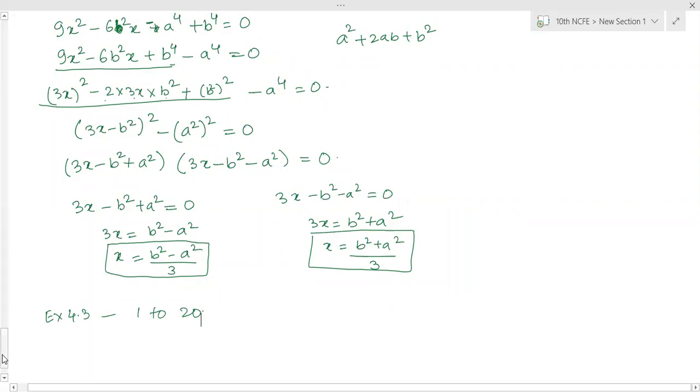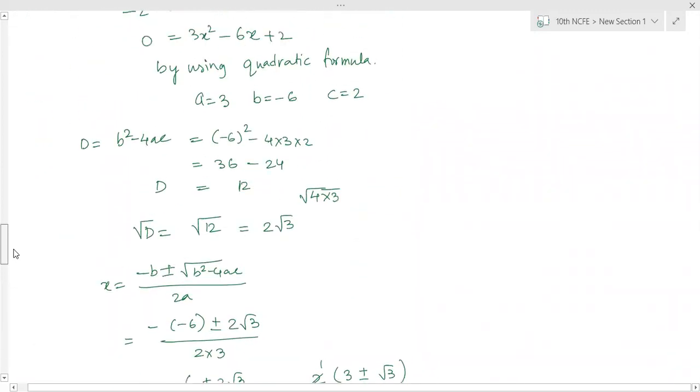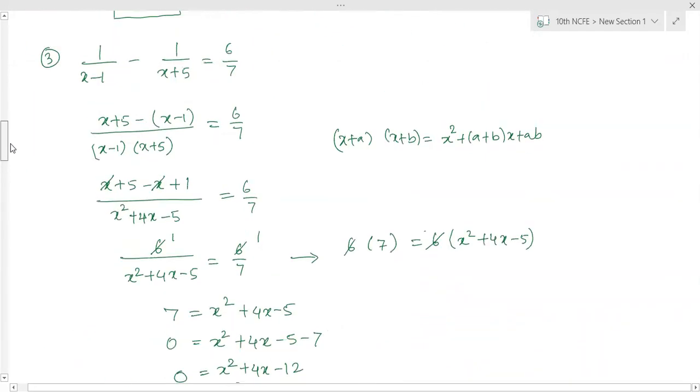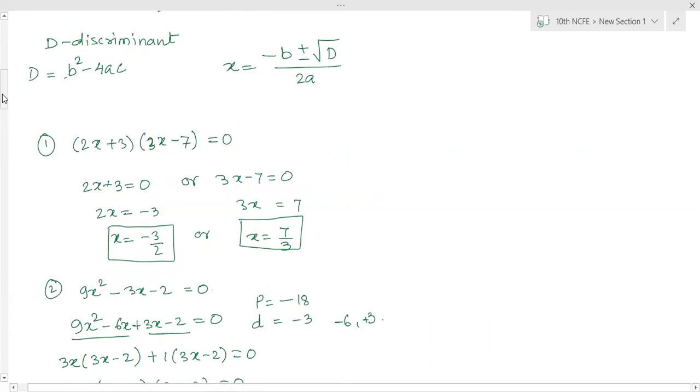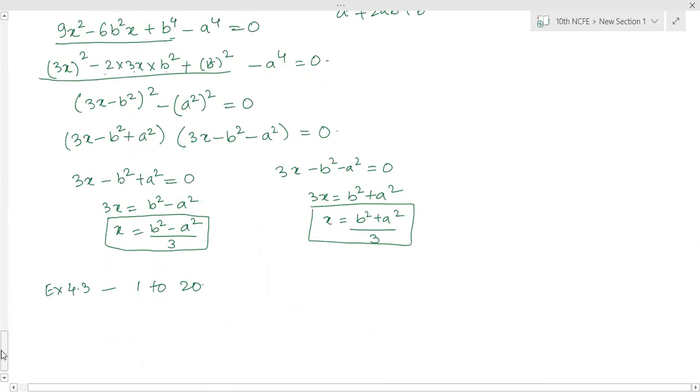How many questions have we solved today? 1, 2, 3, 4, 5, 6, 7, 8. 8 questions we have solved already. So that means 12 questions you have to finish. The initial questions are much easier. It will take maximum half an hour.